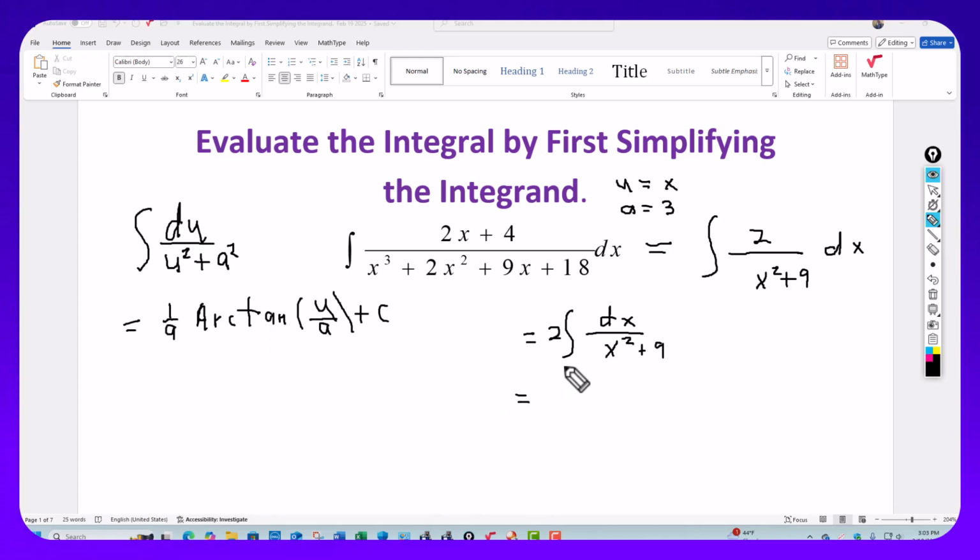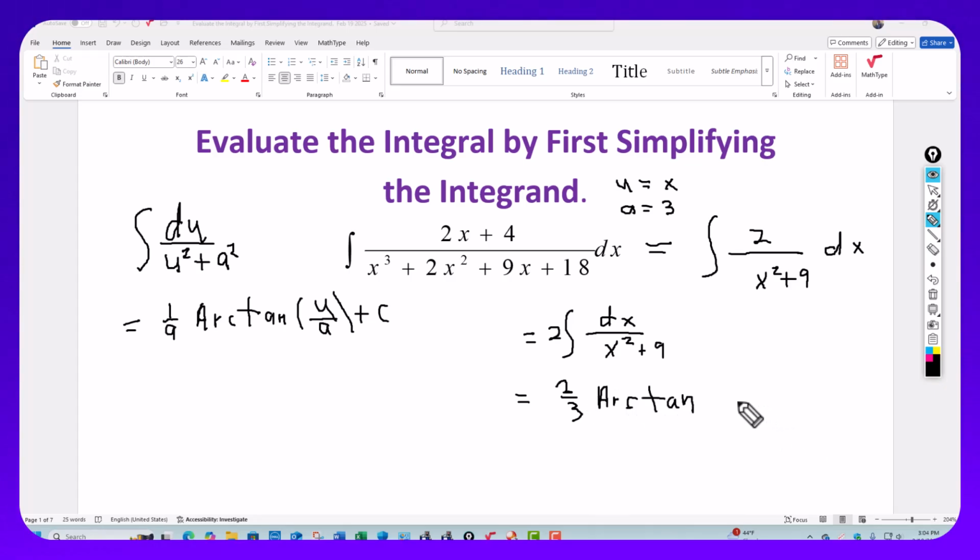So this would be, remember you have the coefficient 2. A is 3, so this would be 1 over a. In our case, that'd be 1/3. But you got the 2 there, so that'll make this a 2/3. And then multiplied by the arctangent of u over a.